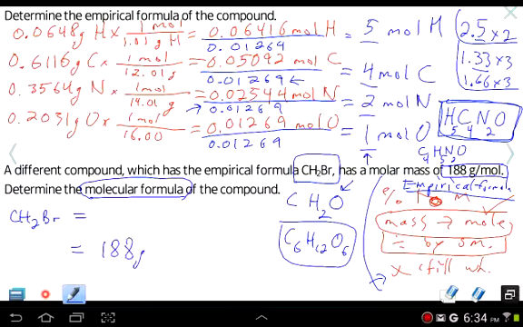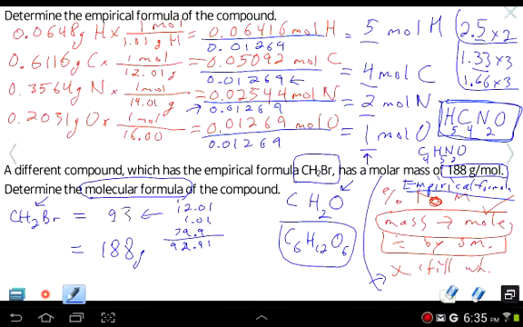So let's find out the molar mass of CH2Br. Carbon is 12.01, hydrogen is 1.01, and bromine is about 79.9. If you add all this up, you have 92.91.